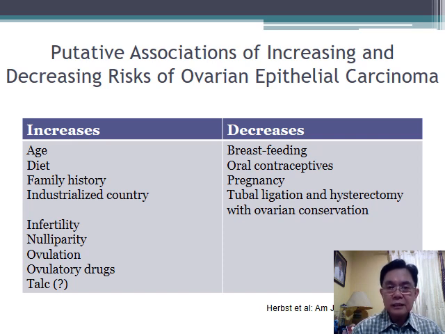And again, this would relate to incessant ovulation theory because these three factors decrease the number of ovulations and therefore lower the risk of developing ovarian cancer. Tubal ligation and hysterectomy, even with ovarian conservation, has been found to decrease the risk of ovarian cancer.